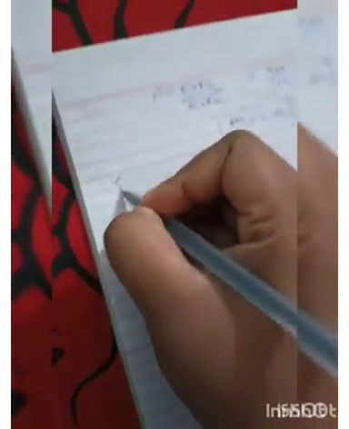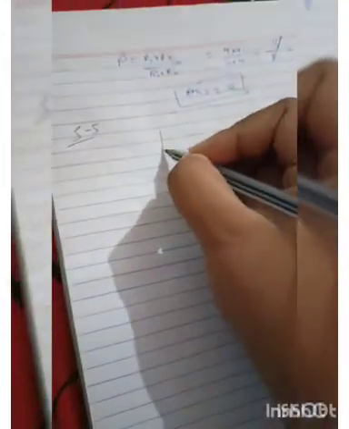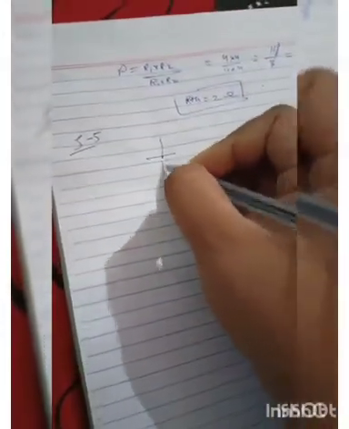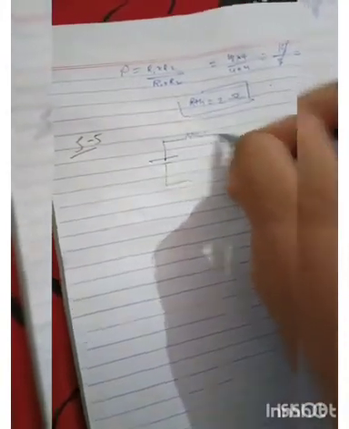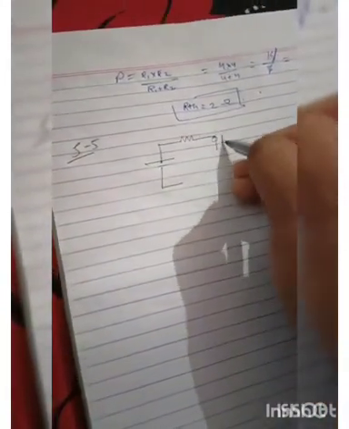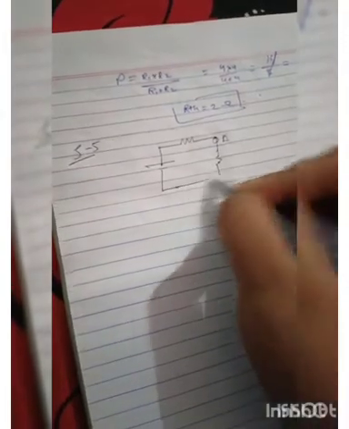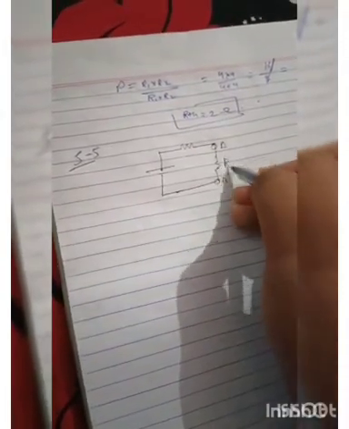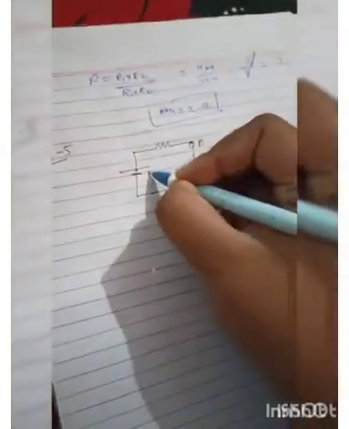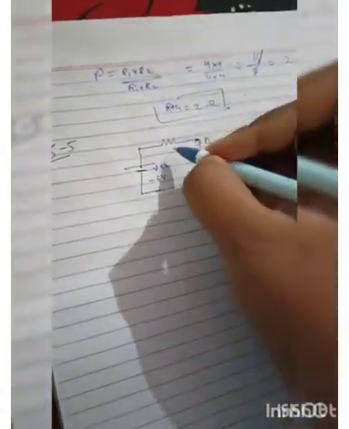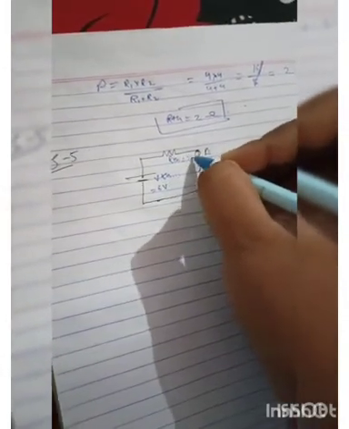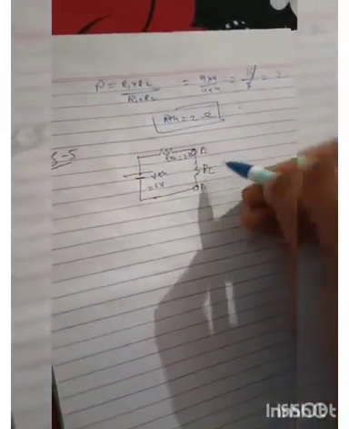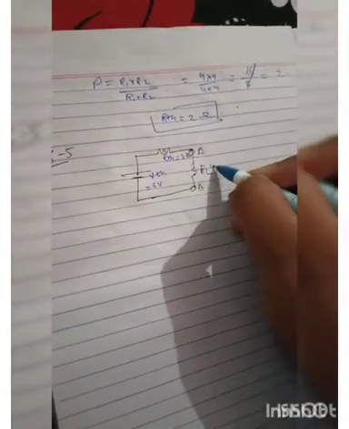Now the last step, step number 5, we will find Thevenin's equivalent circuit. This is the value of VTH, this is RTH, this is A, and this is RL. Now we put the value of VTH, that is VTH is equal to 6 volt, RTH is equal to 2 ohm, and RL, our load resistor, is equal to 4 ohm.